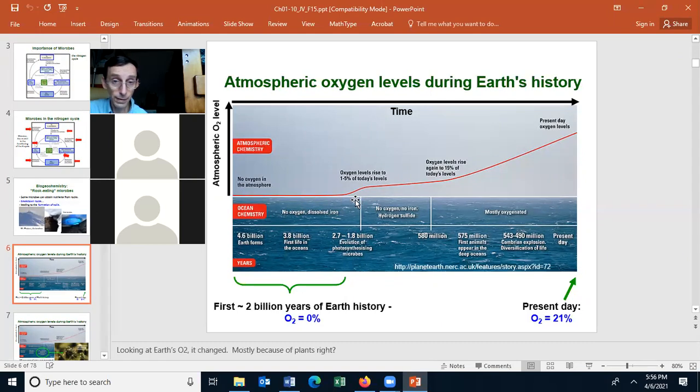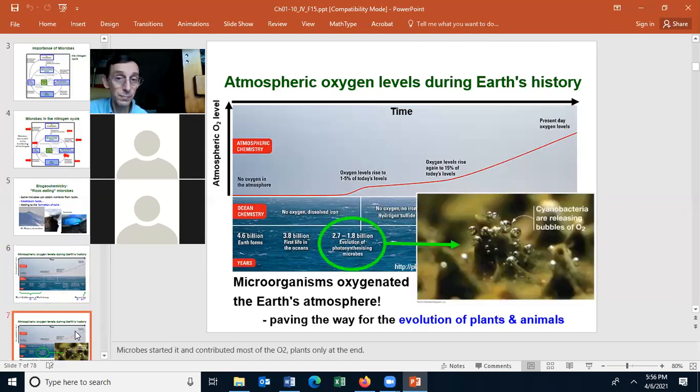And then at 1.8 to 2.7 billion years ago, oxygen started building up in the Earth's atmosphere. And then once it built up, it just increased until we get the present day oxygen about 21%. And most people say, well, that's because of green plants. No, it is not because of green plants.